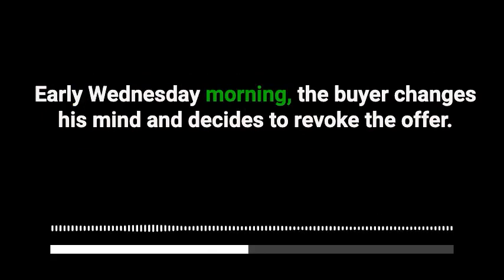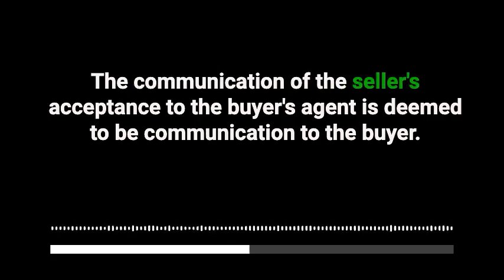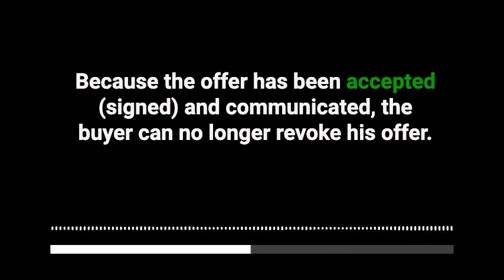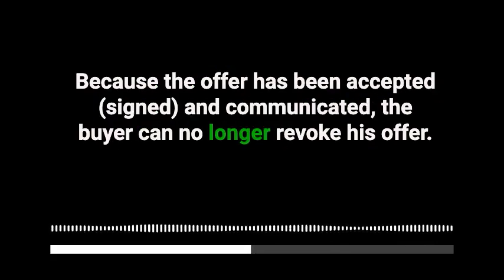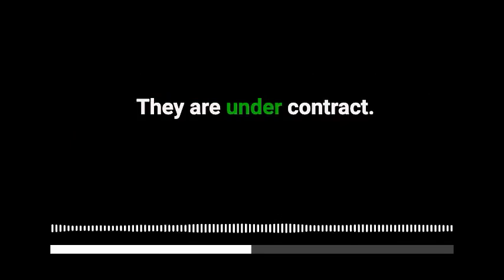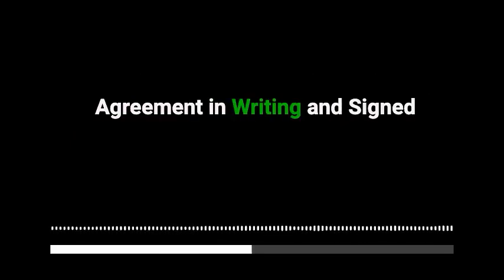Early Wednesday morning, the buyer changes his mind and decides to revoke the offer. It is too late. The communication of the seller's acceptance to the buyer's agent is deemed to be communication to the buyer. Because the offer has been accepted and communicated, the buyer can no longer revoke his offer. They are under contract.